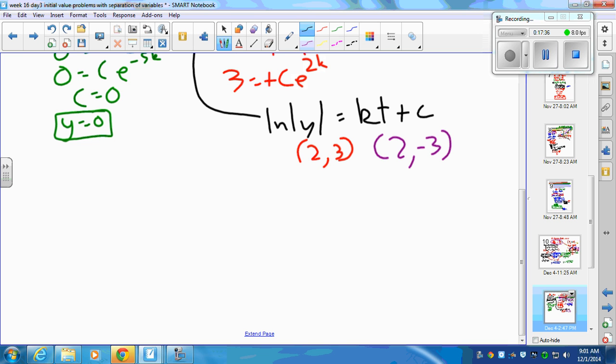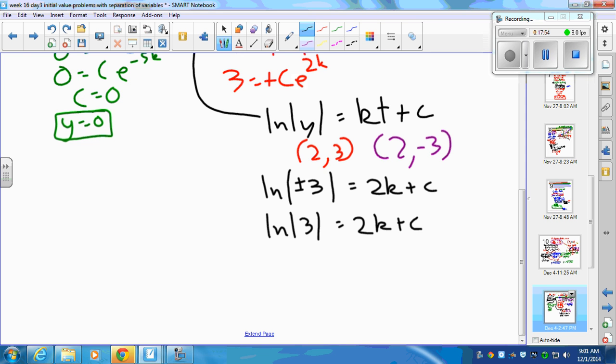Either way, I'm going to get ln of plus or minus 3 equals 2k plus c. Since it's absolute value, I'm getting ln of 3 equals 2k plus c. From there, c is going to be ln of 3 minus 2k.